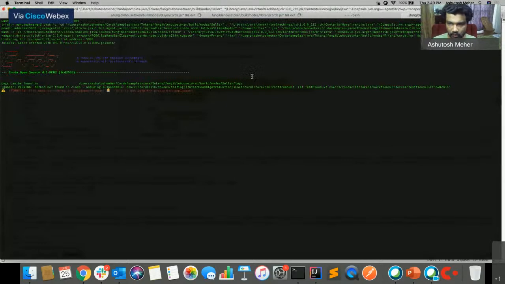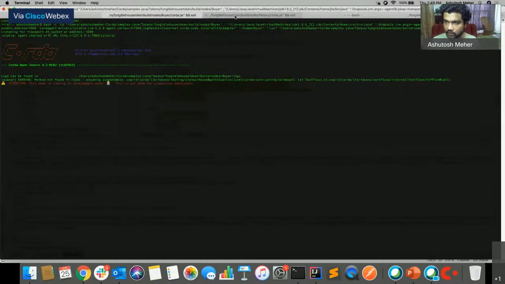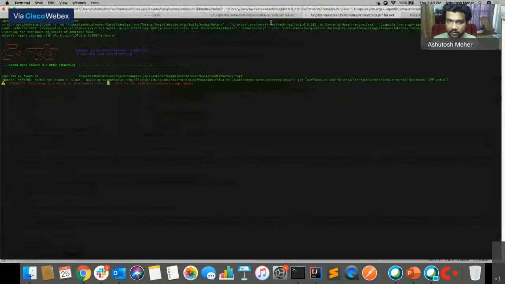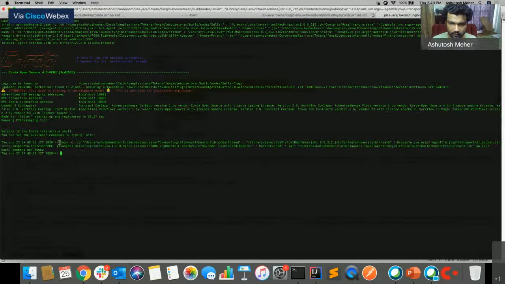Just give it a minute for the nodes to start up. I guess I'm missing one node. This is the seller. That's the notary, which I'll not mute. This particular command wasn't executed.